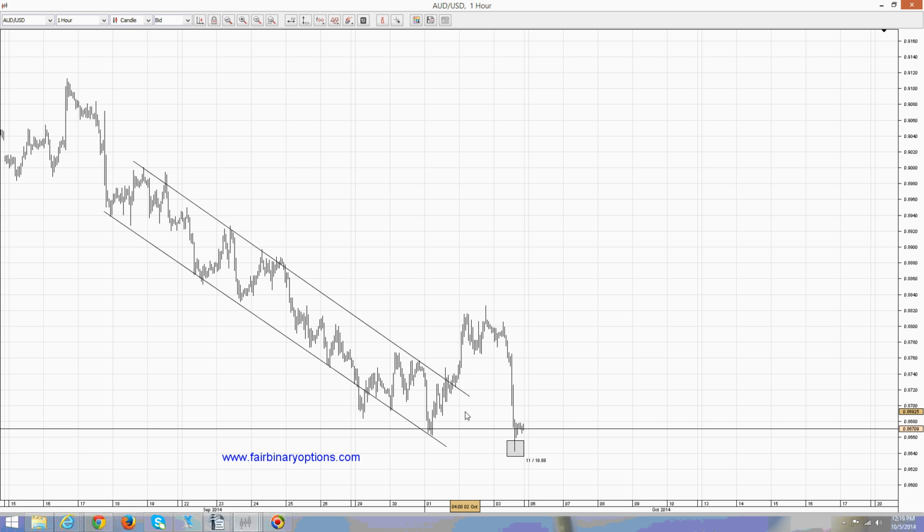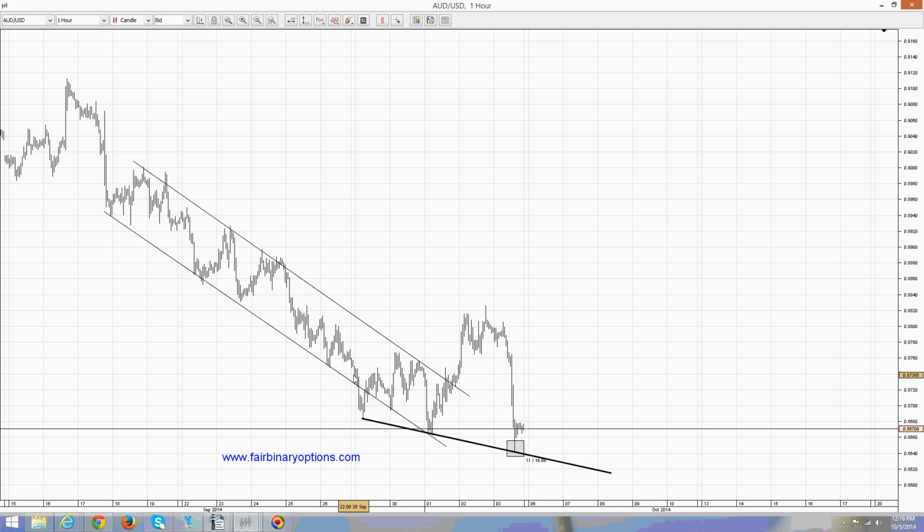What would be the possibility for this to be a contracting or an expanding triangle? First of all, it might be that we already have an expanding triangle that is finished, in the sense that if you just connect these two points and project it to the right side, we have the rejection into the dip on Friday.